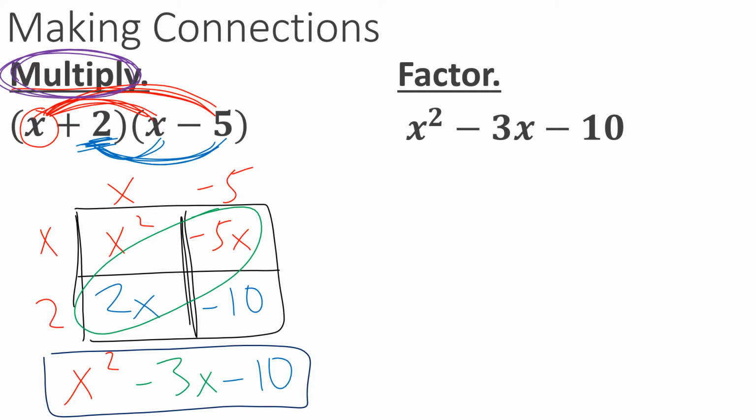Now, in this unit, we're going to be working on factoring. I'm going to point this out right away: what we are starting with here is the answer that we just got.